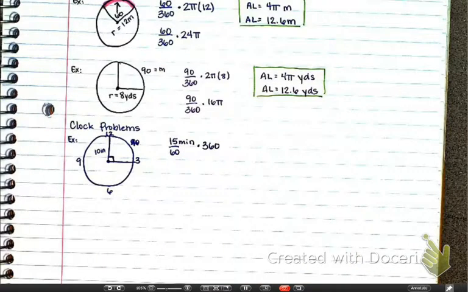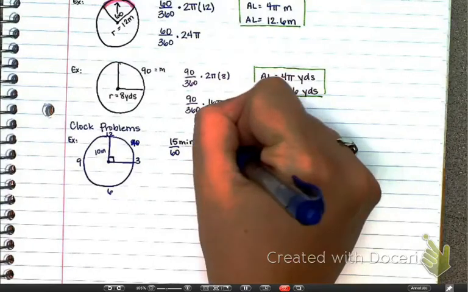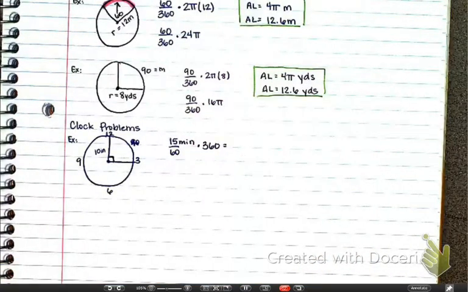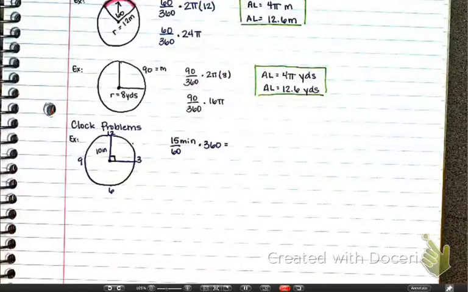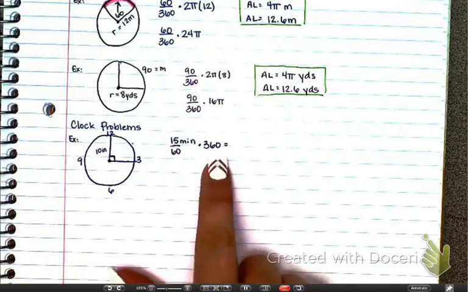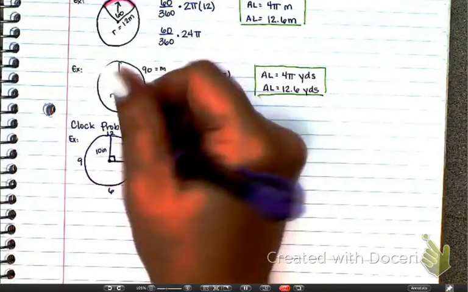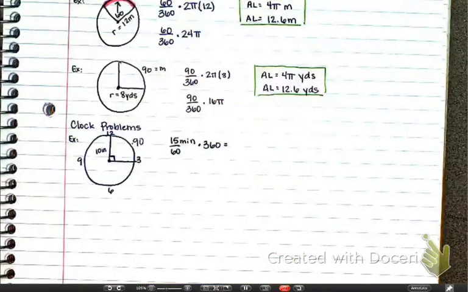So in your calculator, do 15 divided by 60 times 360, and tell me what you get. 90. So if we can't look at our clock and say that's this degree, we can convert our minutes to degrees, giving us the measure that we need.